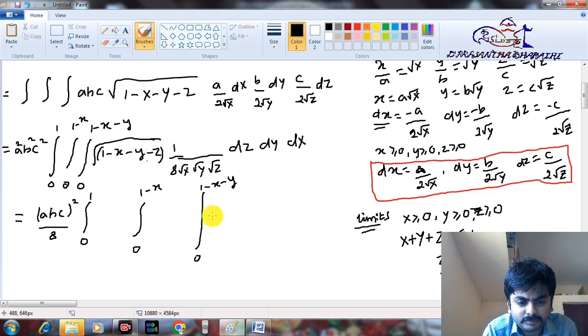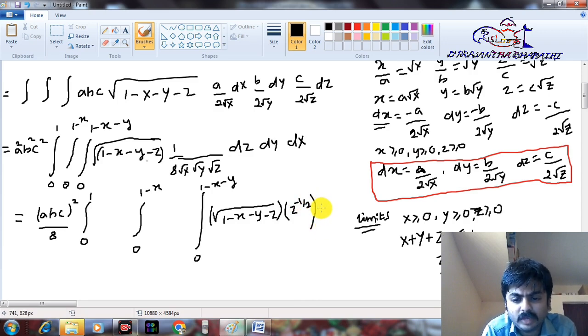So I have root of 1 minus x minus y minus z into z power minus 1 by 2 dz dy dx. And see, listen, this z is capital Z.